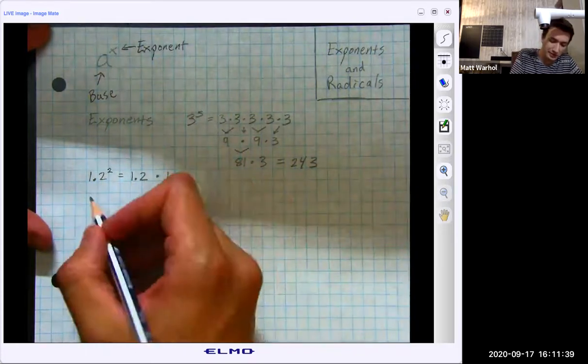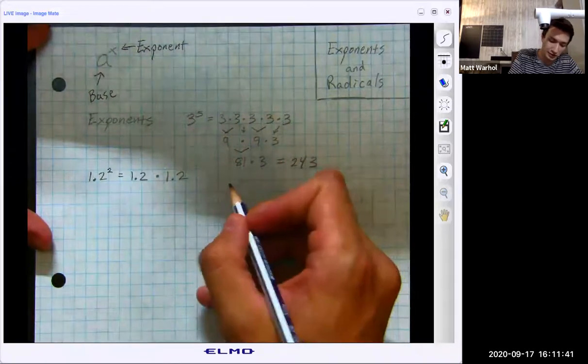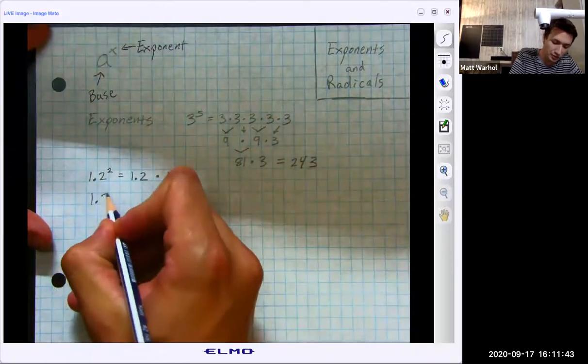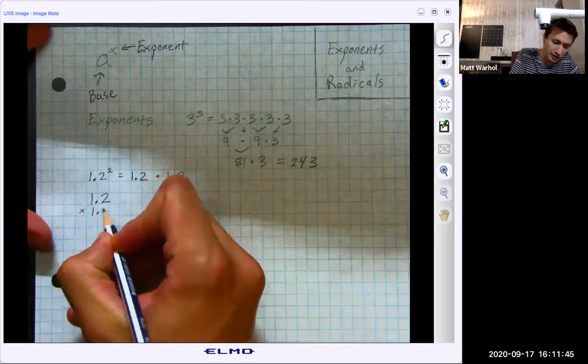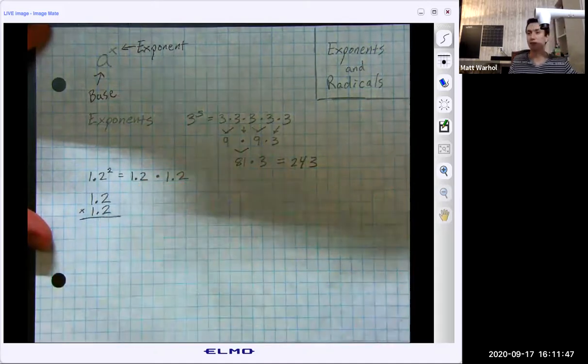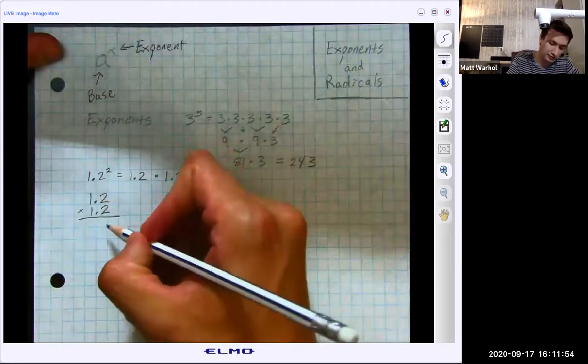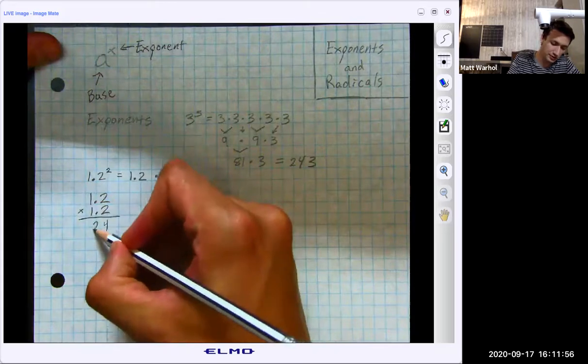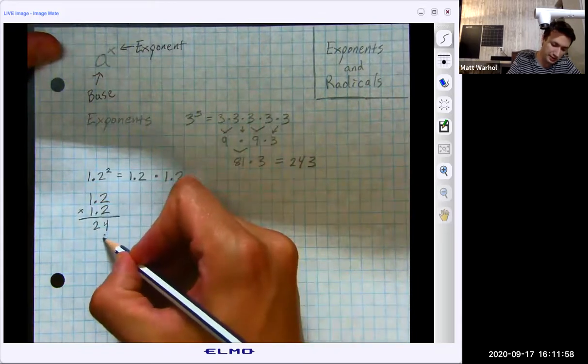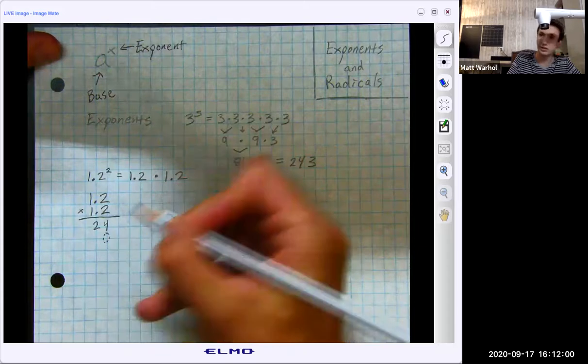For this one, I think I'm going to do some multiplication longhand. So I like to stack them. 1.2 times 1.2. And if you remember about how to multiply decimals, at first, you just ignore the decimals. I'm just going to do some multiplication. So 2 times 2 is 4. 2 times 1 is 2. And then I've put my placeholder in. I like to write it like this, my 0.